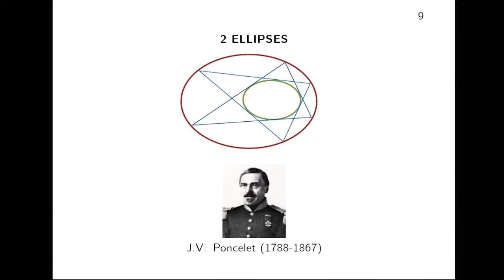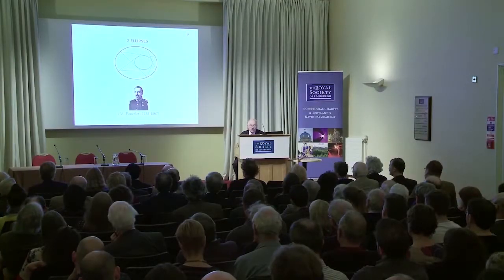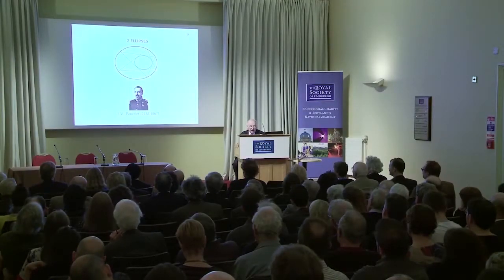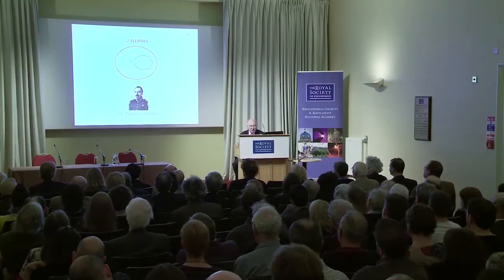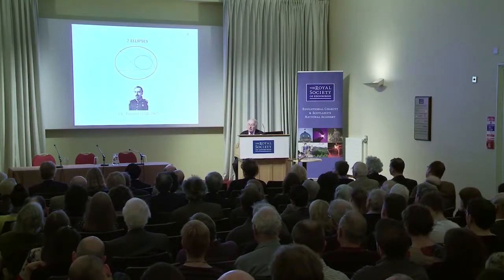I've gone away from circles to ellipses, and these two ellipses are not meant to be in any particular connection to each other. They're meant to be more or less randomly drawn in the plane. And if you draw them carefully enough, like I've drawn them here, you will find that there's a triangle whose vertices are on the outside one, which touches the one on the inside.